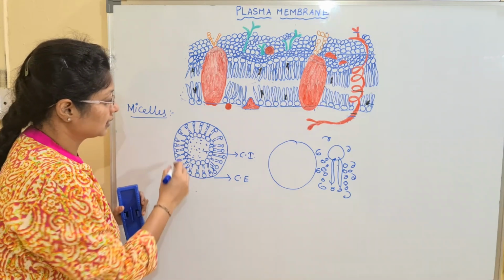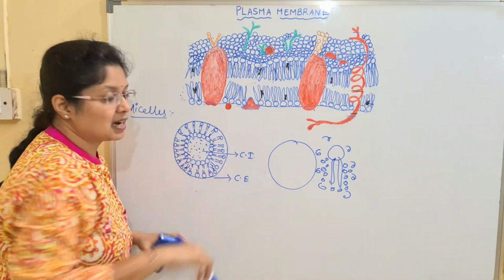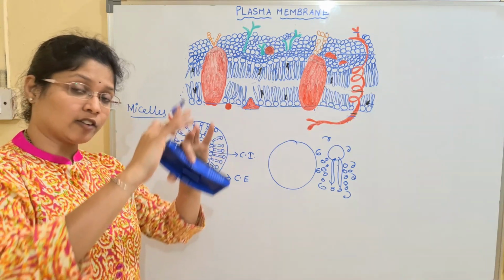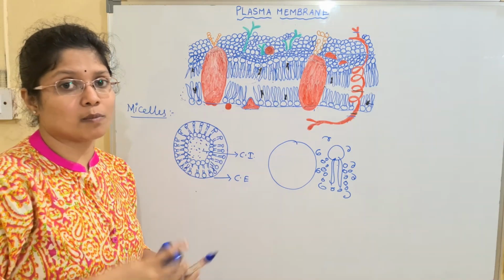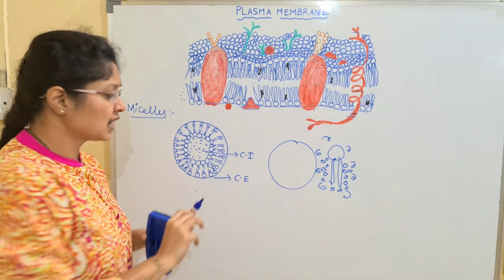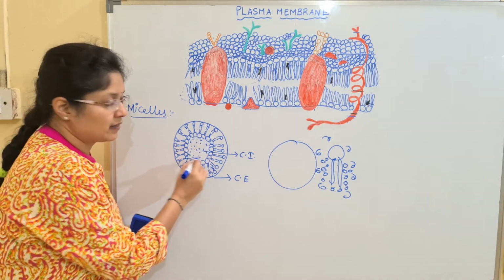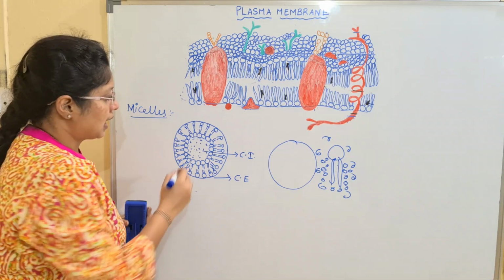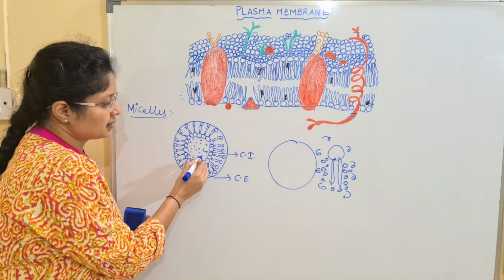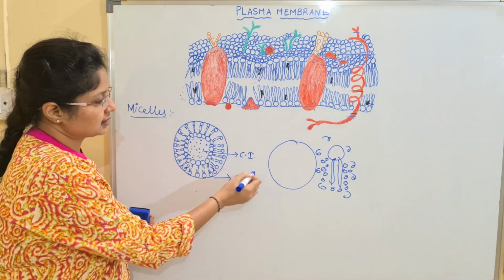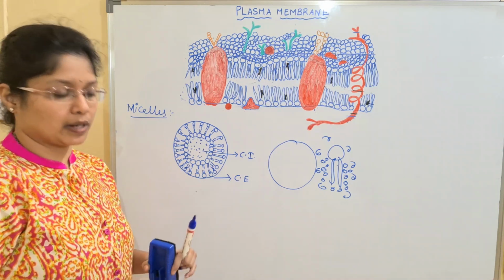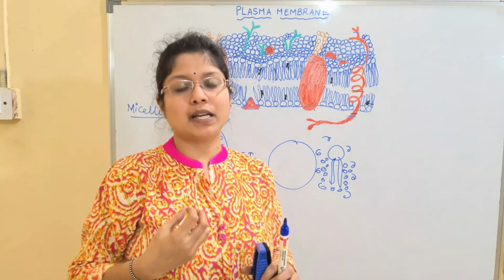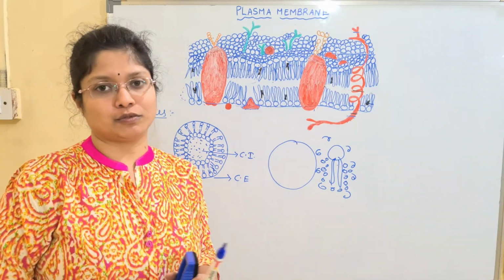And second important thing, no end will be left open. Everything will be sealed completely to form a bag-like structure, leaving a central cavity here. This cavity space is filled with the cytoplasm and this is the cell exterior. So in this way, the lipid molecules help in the formation of the cells.